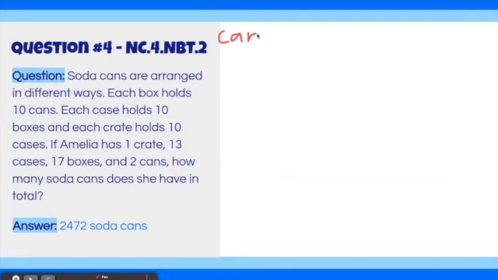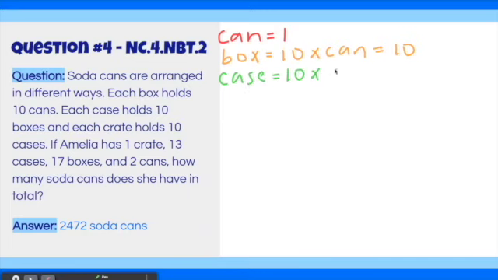So we're going to first start off by finding how many cans each form of packaging holds. So obviously, 1 can is just 1 can. Now, a box is 10 times a can, which is 10 cans, which is what it says in the question. Then it says that each case holds 10 boxes. So a case is 10 times box, which is 10 times 10, which is 100.